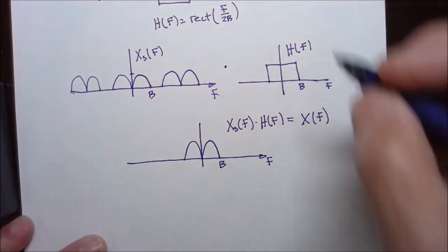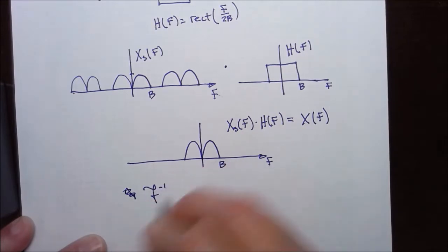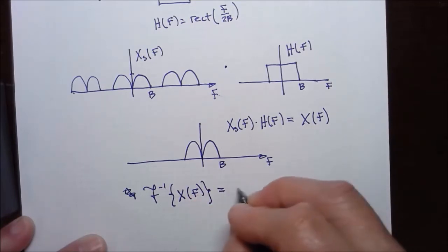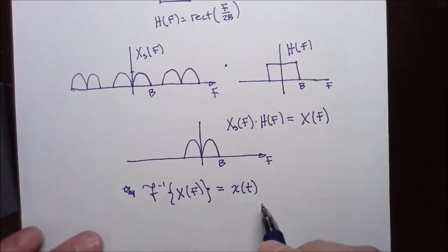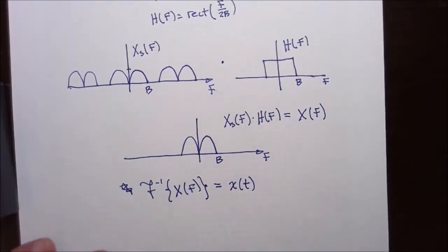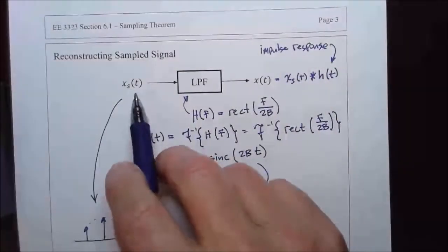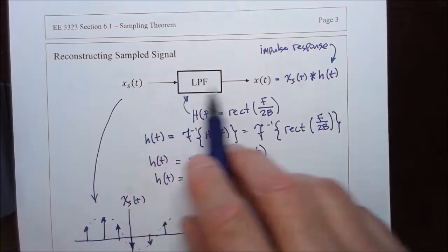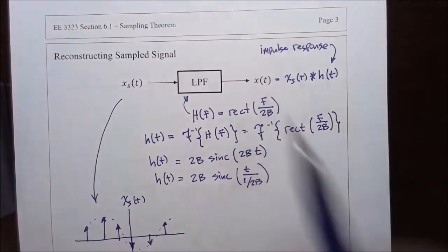Then if we take the inverse Fourier transform of capital X of f, that is going to be an exact copy of the original input message signal. So what we get from passing the sampled message signal through a low-pass filter is indeed the original message signal returned.